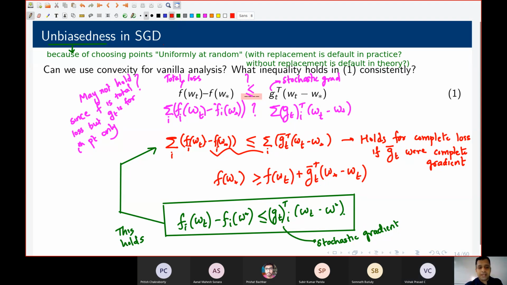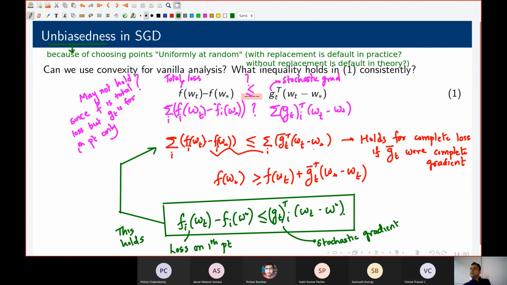The one in pink and the one in green are both talking about individual points. Okay, this is function or loss. Is this clear now?